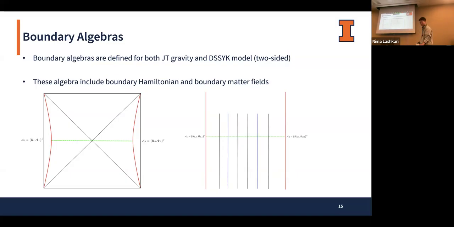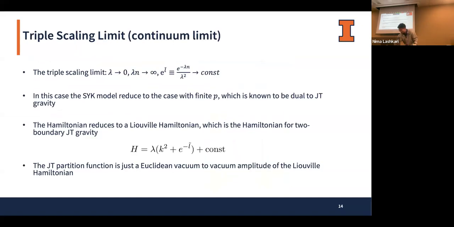I'm still perplexed, but can you go back one slide? What is the theory? Your endpoint is the JT Hamiltonian. Was your starting point a theory with both random matter and average J, or do you need random matter?